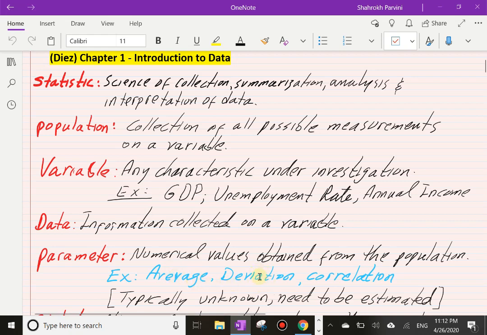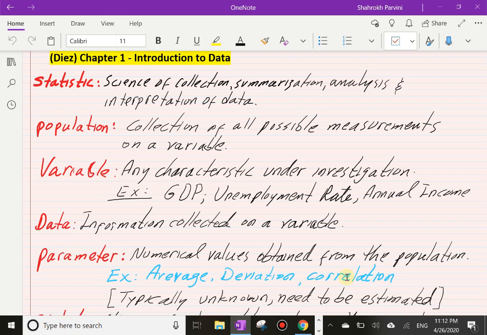The standard deviation could be another parameter. Correlation, these are the things that usually we compute or calculate on a population. They call them parameters. Now, these parameters are typically unknown because they belong to a population. And with population, we don't have the entire measurement. So in all likelihood, these parameters will be unknown. And if they're unknown, that means, again, they need to be estimated.